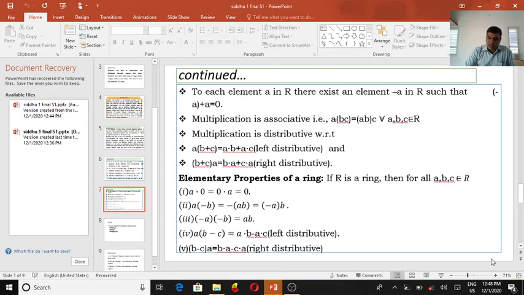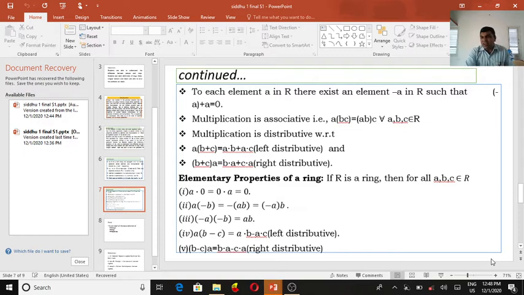Suppose we take element A in R, so minus A is also in R. Under the binary operation addition, A plus (minus A) equals minus A plus A, which gives 0. As in a group, we get the identity element 0. The element that, when added, gives 0 is the inverse of that element. So A plus (minus A) equal to 0, and minus A is the inverse of A. To each element A in R, there exists an element minus A in R such that A plus (minus A) equal to 0. So these are all the properties regarding addition.